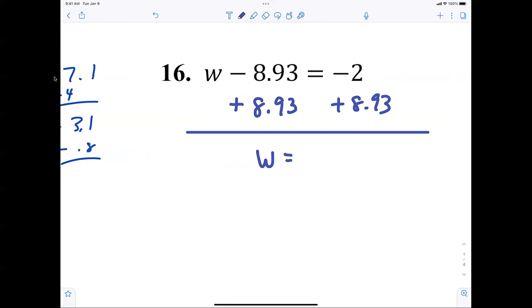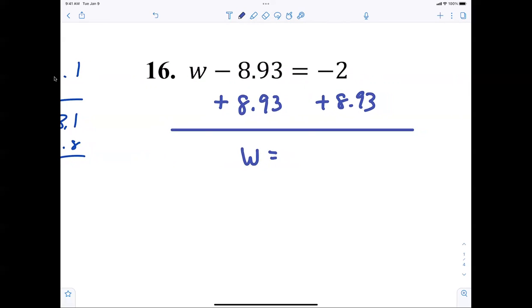It is 6.93. Now, I really don't want people to put 8.93 minus 2.00. That was what I would teach you in like 6th grade. I want you to be able to say, I know the signs are different, so I have to subtract. The bigger number goes on top. So it's 8.93 minus 2, which is 6.93.